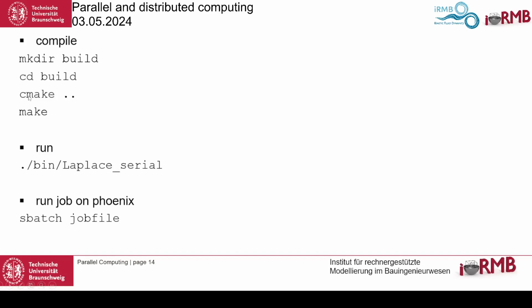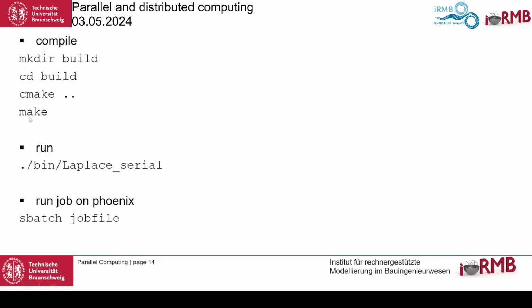There is already some input file for CMake in the folder outside the build folder, because the build folder is of course a new folder. You go into the build folder and then you call CMake with the outside folder. This is what the two dots are for. Then it will generate the make file and all the other files inside the build folder. This is the way you usually do it.